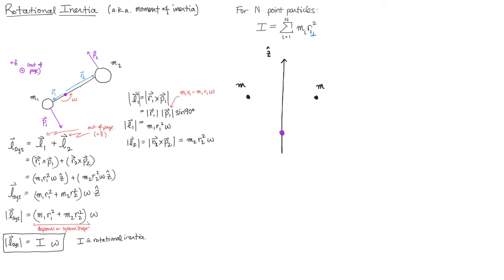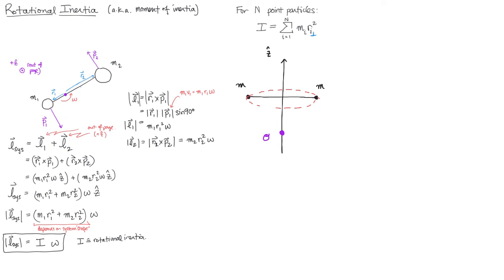Let's then make our origin somewhere over here, and let's let the masses be equidistant from that axis of rotation. And let's have them rotate. We could make this actually a dumbbell, so they're connected by a thin massless rod, and they're rotating in the horizontal plane, like in the xy plane or a plane parallel to the xy plane, with an axis in the z direction.